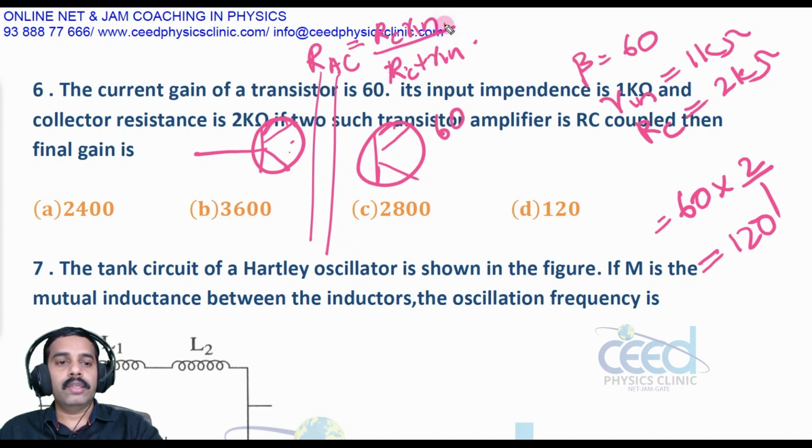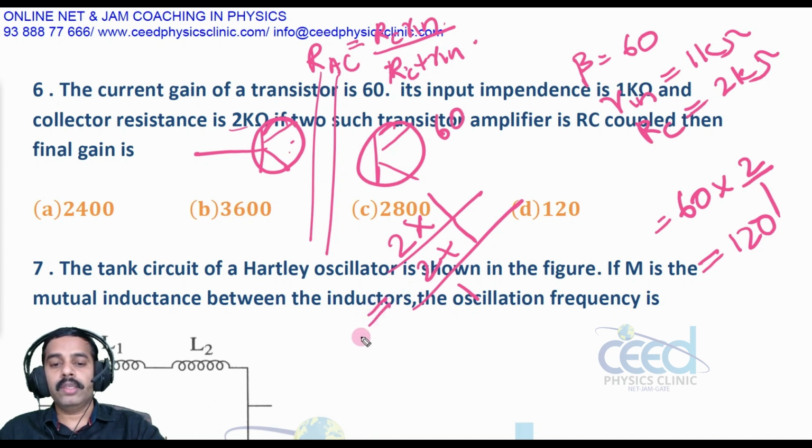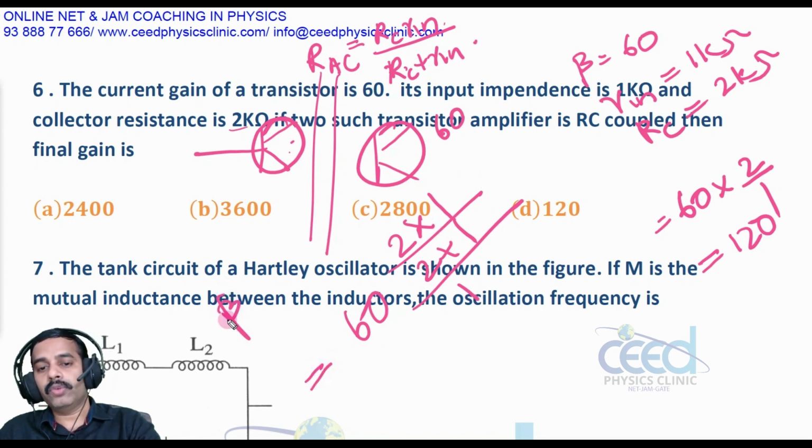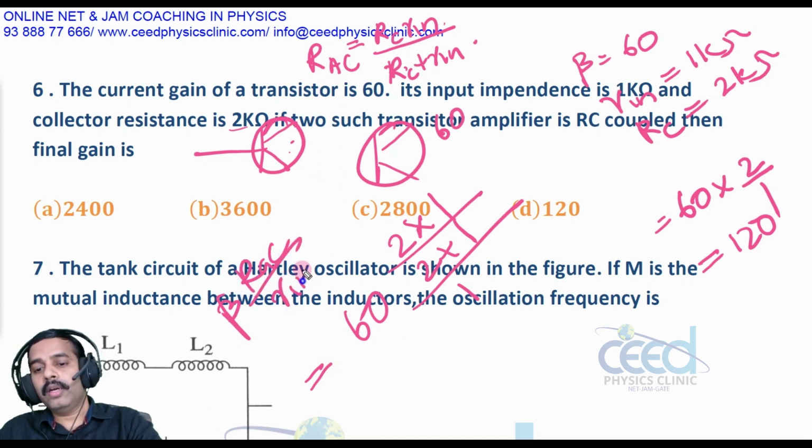RC Rin divided by RC plus Rin. RC is given 2 kilo ohm and Rin is 1 kilo ohm. This is the first stage gain, beta into RAC by Rin. Let me write the equation here, beta into RAC by Rin.